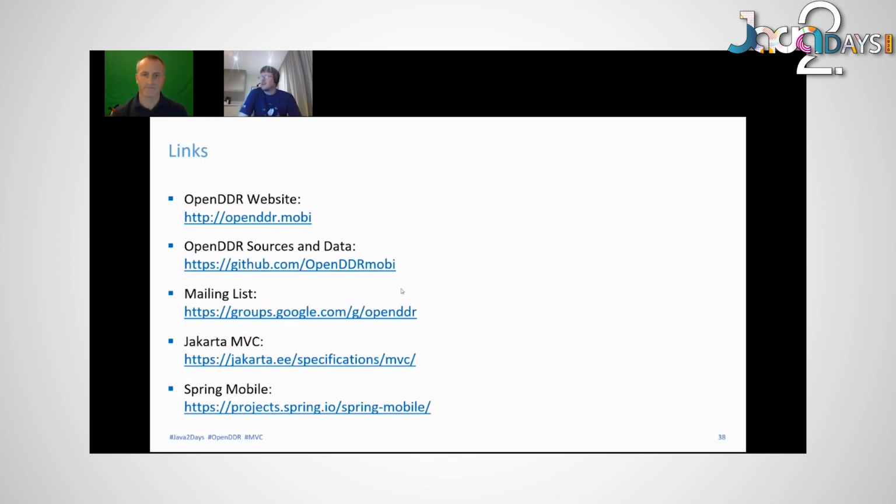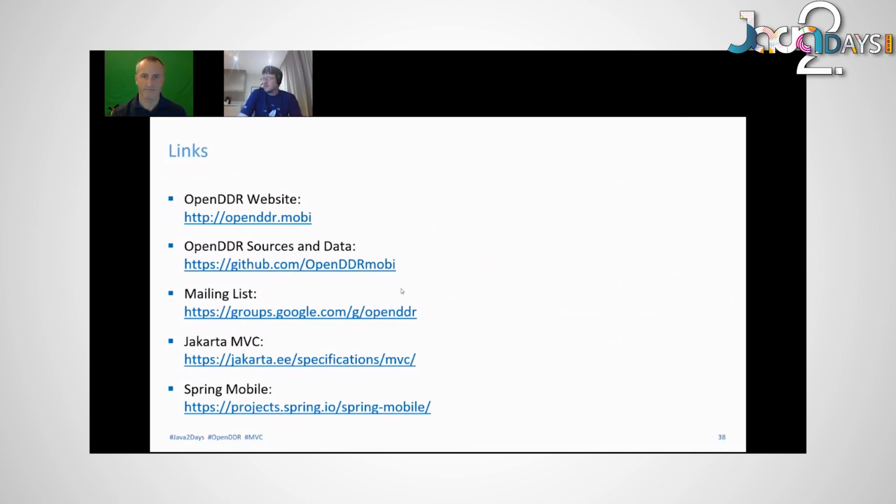Visit all the different resources and links and sites. On top, you have the main OpenDDR website that also points you to all the live demos that you can run directly on your mobile device. Then the GitHub organization that hosts everything, including the examples.